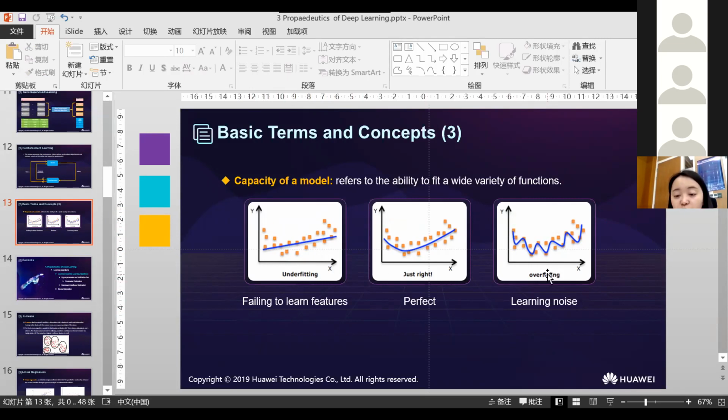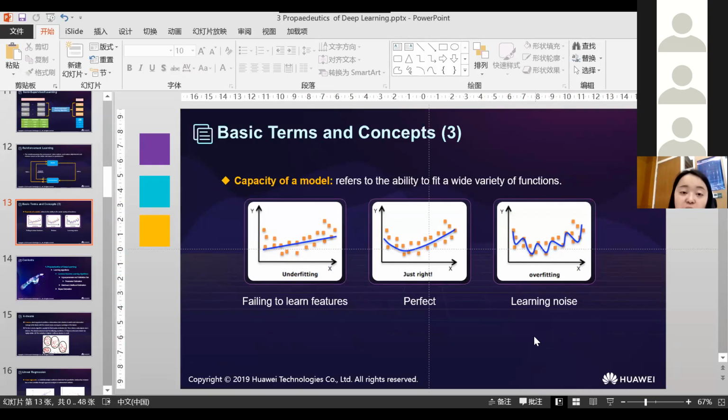And for an overfitting model, the model is too complex compared to the training samples. So here is an example. It knows everything. It knows every detail, even the noise from the training samples. That is the overfitting problem.